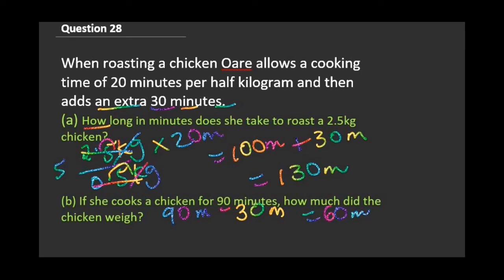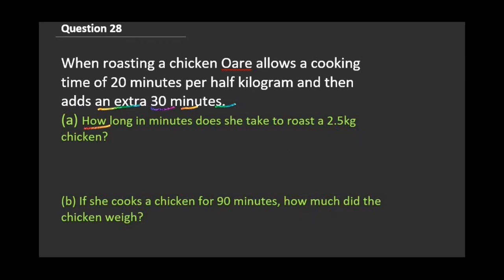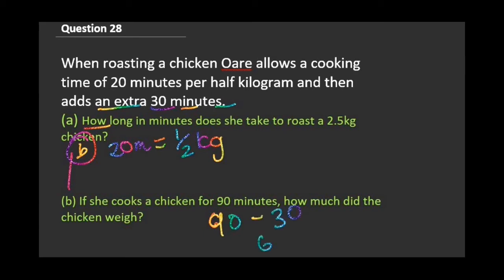So if 20 minutes equals 1 over 2 kg, like I said, 90 minus the extra time, which is 30, will give me 60 minutes.